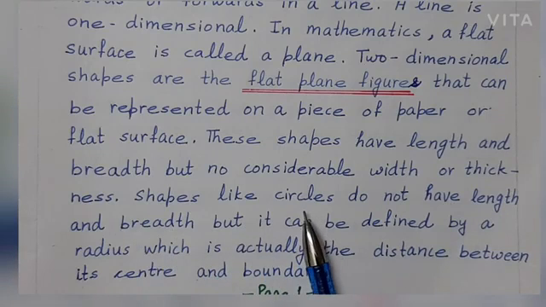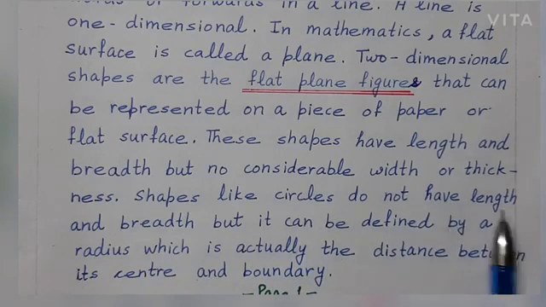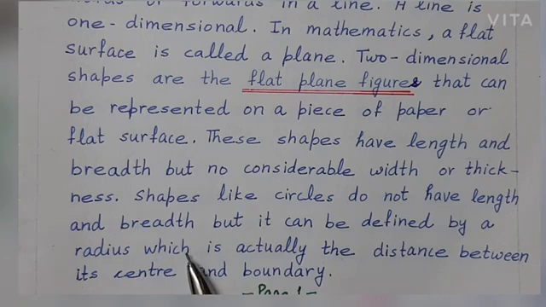Shapes like circles do not have length and breadth, but can be defined by a radius, which is the distance between its center and boundary.